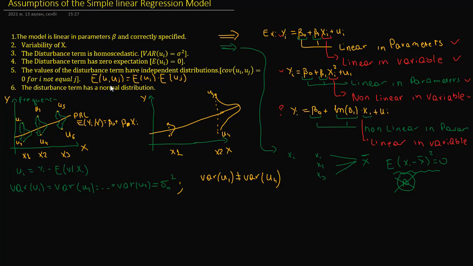And the last: the disturbance term is normally distributed. From our assumptions, the error term ui is normally distributed with mean 0 and variance sigma squared.